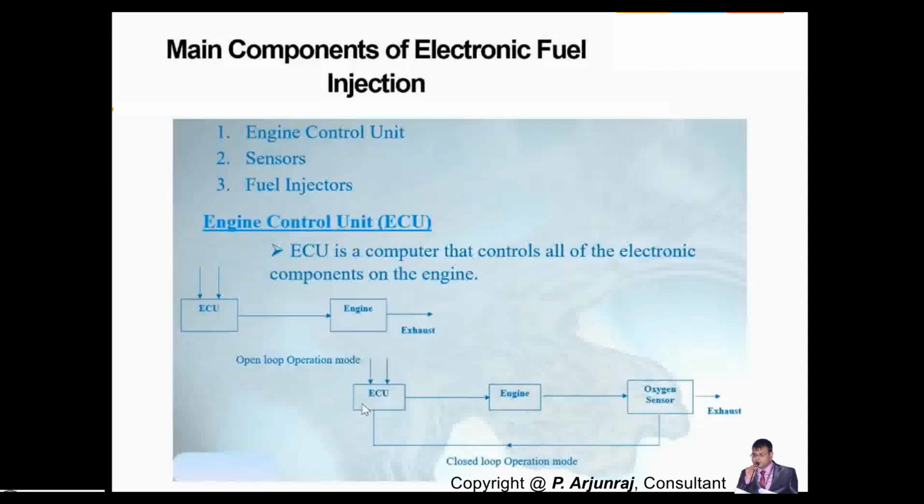With respect to different speeds, you get different power and different torque. So you need the required amount of torque and power, which can be maintained by proper combustion, and proper combustion can happen only if air and fuel are properly mixed in the combustion chamber. That is possible if we have the proper signal through the computer-managed electronic control unit, the engine control unit, as you will call it.